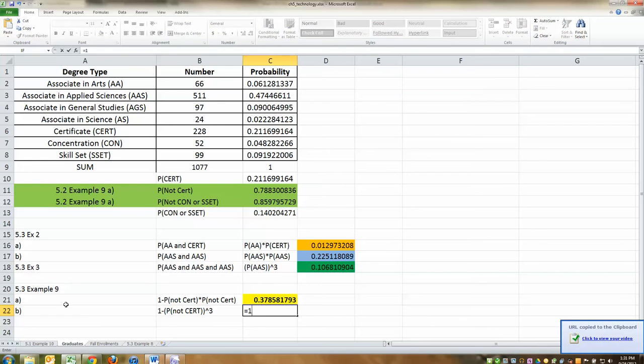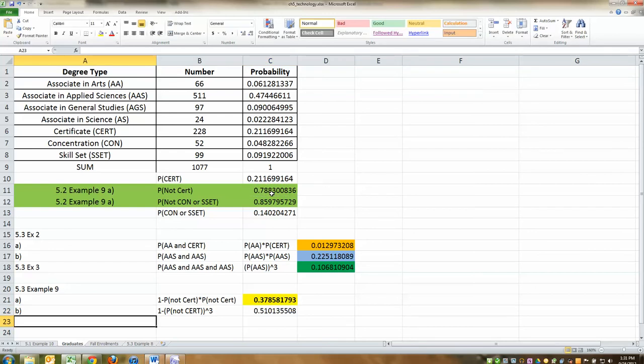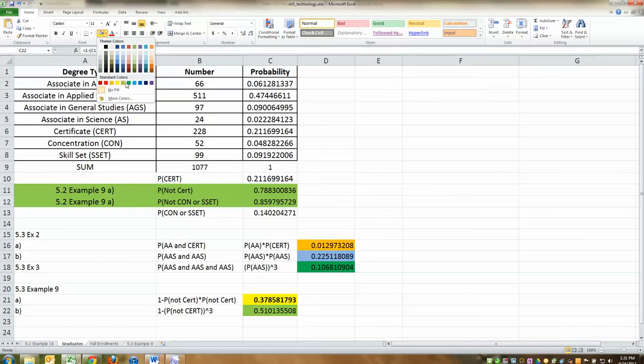So that's 1 minus 0.7883 to the third power. And there you go. I said it was 0.50101, and now we've proved it. I don't like that color. How about that? Awesome.